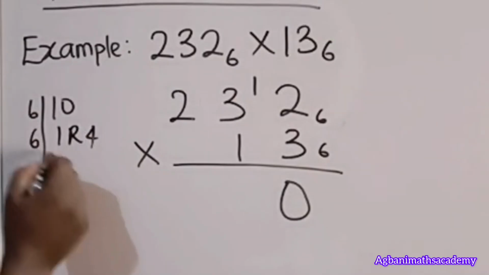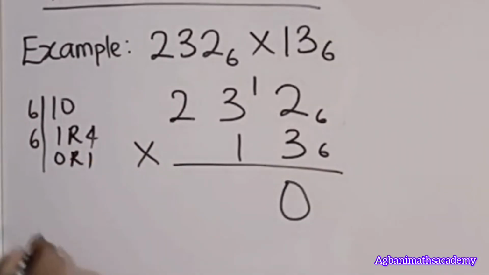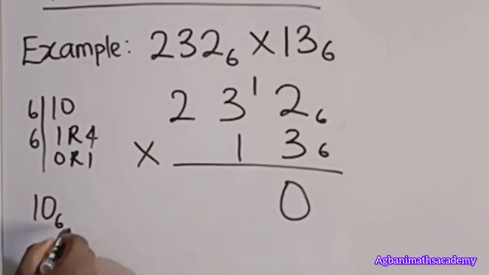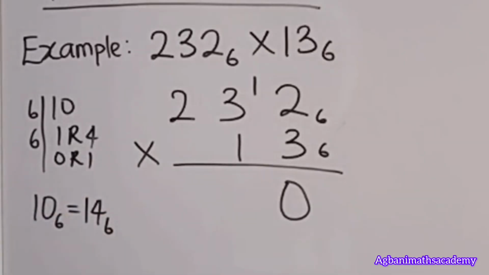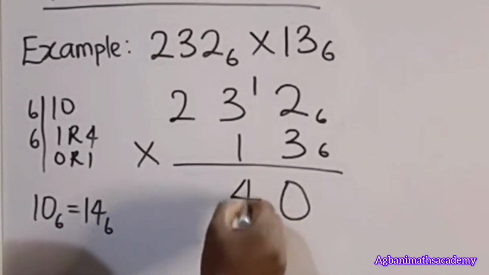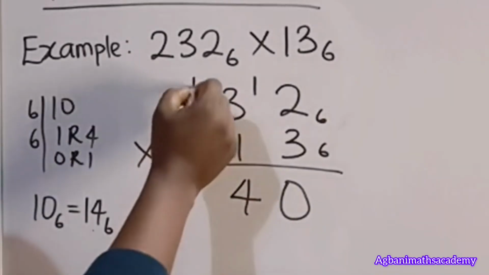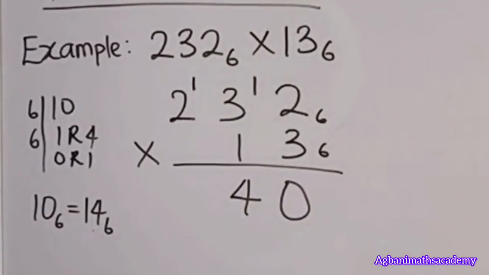And 1 divided by 6 is 0 remainder 1. So 10 is 14 base 6. That's how we're going to write it. The 4 is going to be written down, and the 1 is going to be brought here.